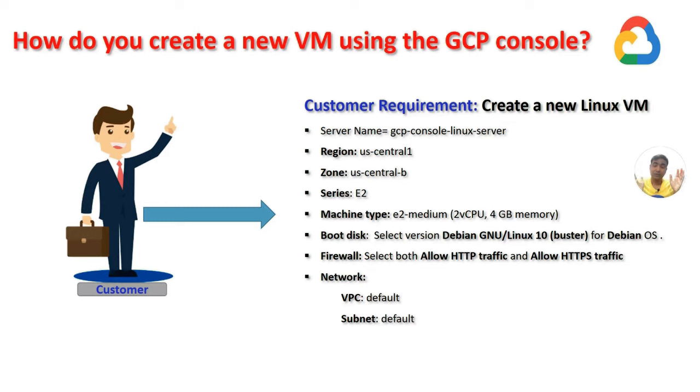Configure the network setting as default. It means you should configure your VPC as default and subnet also default to create a GCE instance. And allow HTTP and HTTPS traffic to the GCE instance. This is your customer requirement.